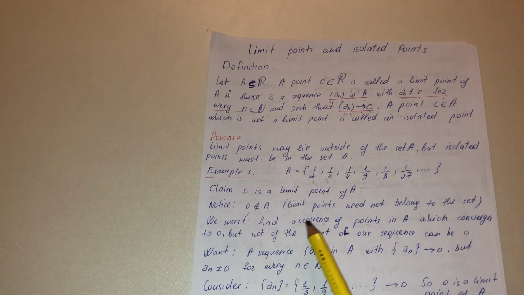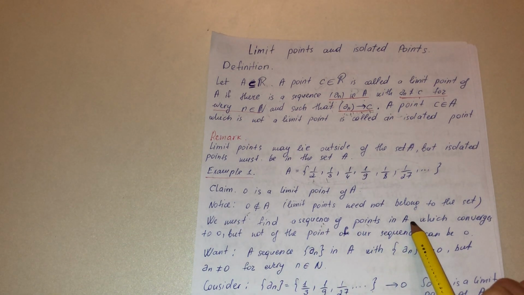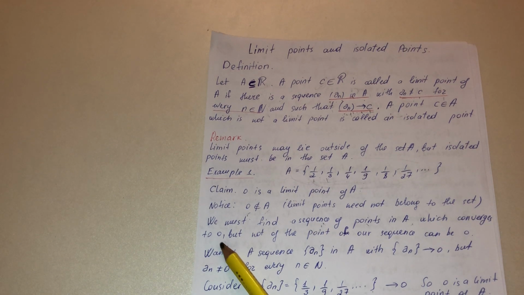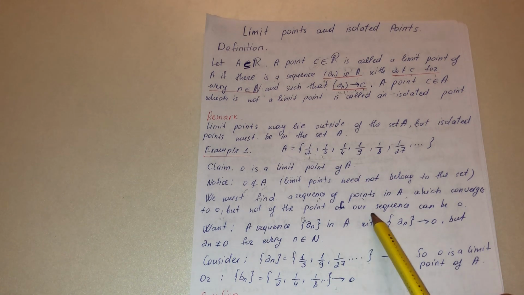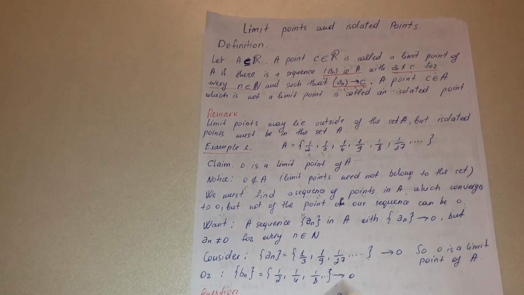We must find a sequence of points in A which converges to 0, but none of the points of our sequence can be 0.